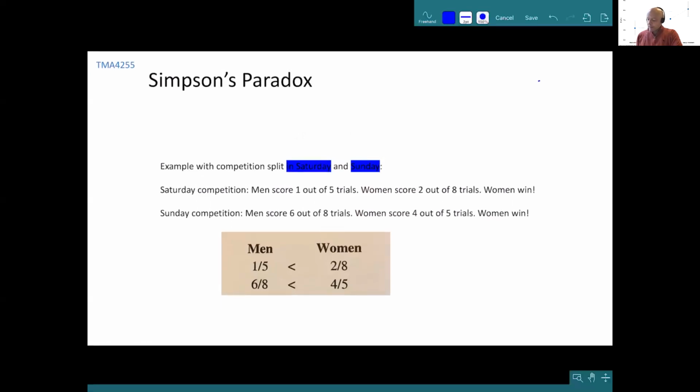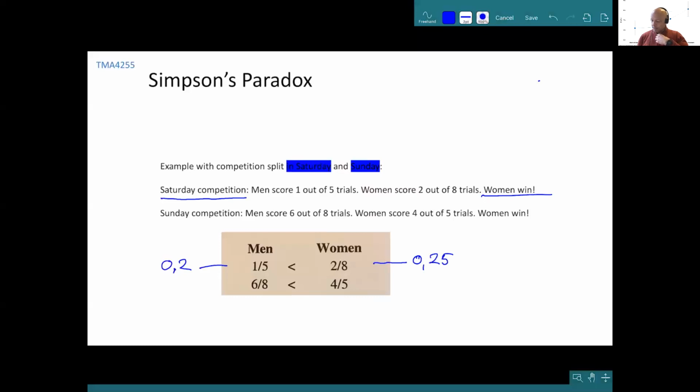On the Saturday competition, the men score 1 out of 5 trials, so they have a success of 0.2. In the Saturday competition, the women score 2 out of their 8 trials. So what's their winning fraction? It's 0.25, and this means that the women win in the Saturday event.